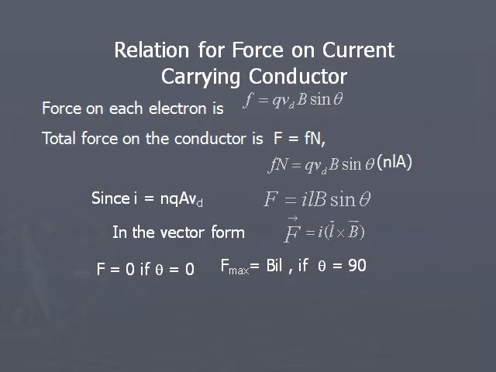This is the relation for force acting on a conductor carrying current placed in a magnetic field. The force is 0 if theta is 0, and force is maximum when theta is 90. And the magnitude of the maximum force is BIL.